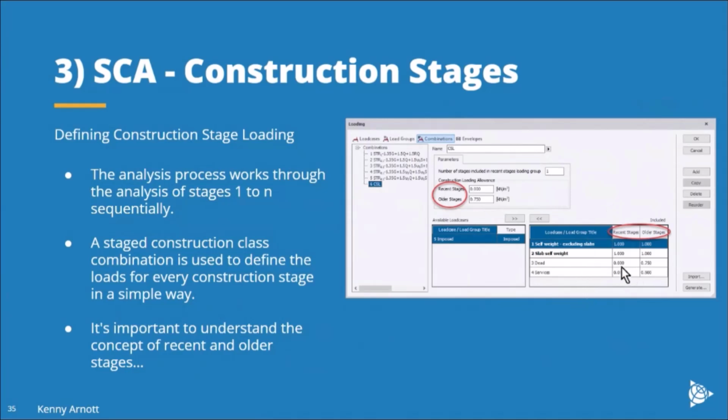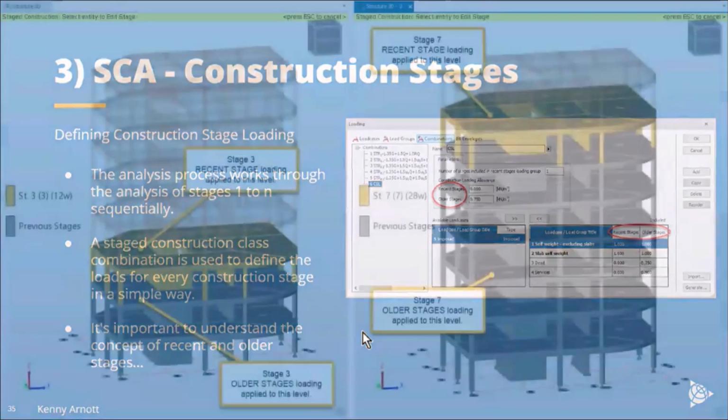Again, what I did here was apply, for example, the dead loads in the services, I said that none of that load would apply to the most recent stages, but some reasonable proportion, or potentially all of it, could apply to the older stages. These proportions are up to you, but it's important to understand this concept of recent and older stages.